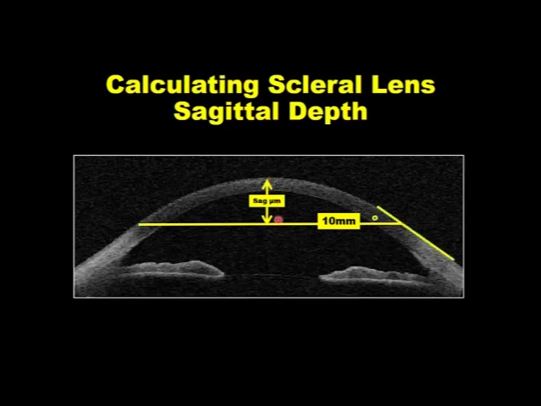The second metric that we need is to understand the angle of the peripheral cornea and how it runs into the limbus and sclera. If we can estimate this angle of the peripheral cornea, we can estimate the anterior chamber depth for virtually any contact lens.